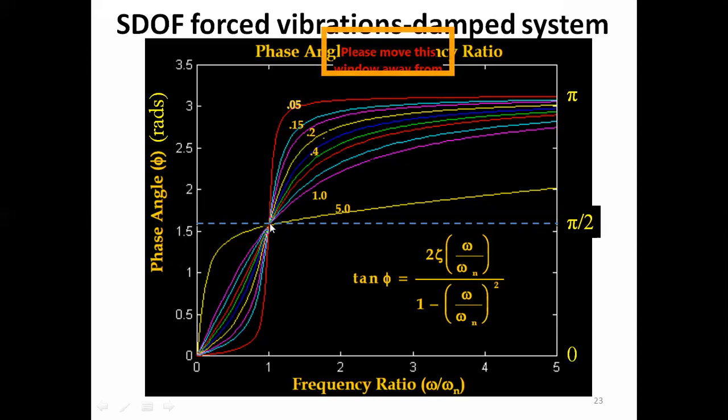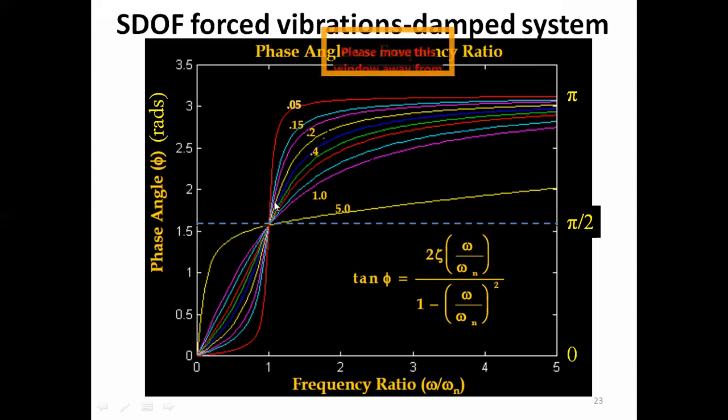One important point is that these plots are for different values of damping ratio. This is for the damped system. This is for the critically damped system. This is for damping ratio 0.4, 0.2, 0.15, and the red one is for 0.05.